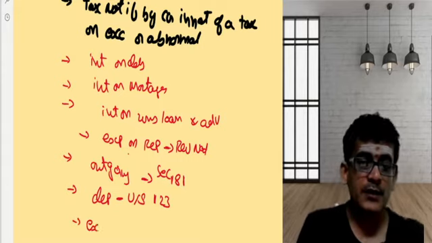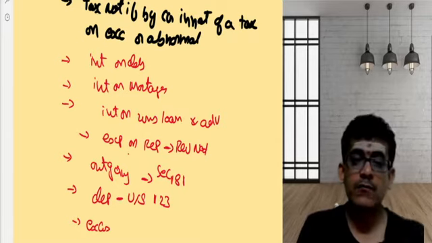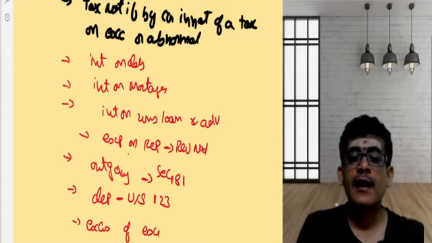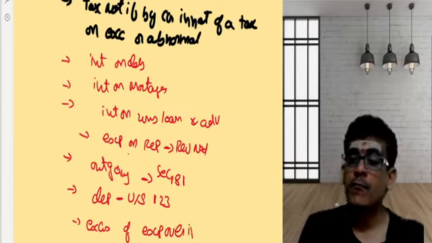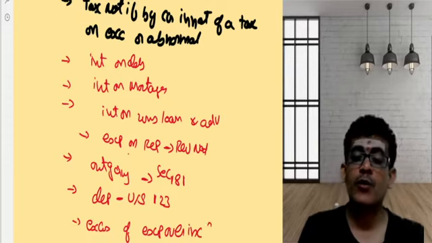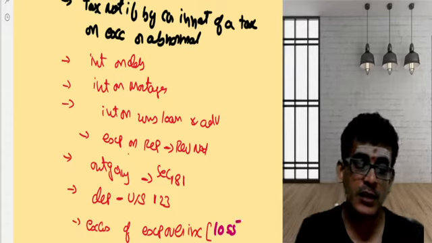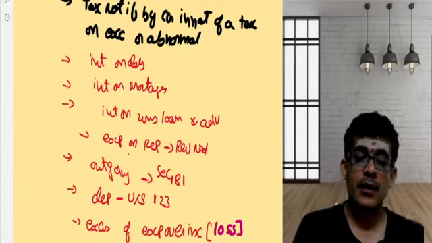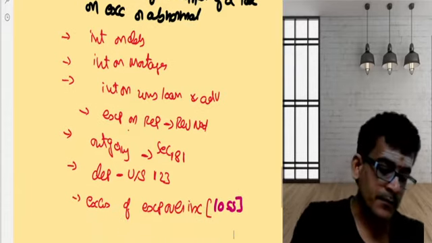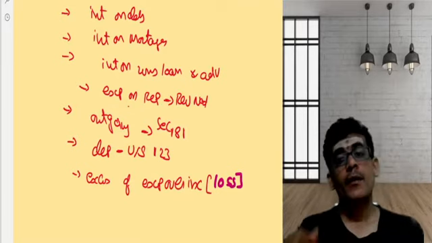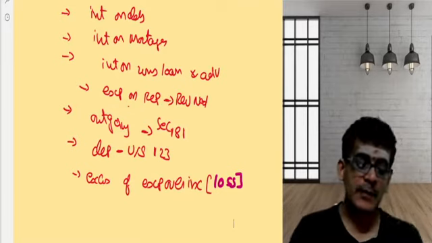You can consider excess. Excess of what? Excess of expenditure over income. What is the meaning of excess of expenditure over income? Which is something called loss. You can consider the loss, when loss had arisen in previous years after commencement of the act.